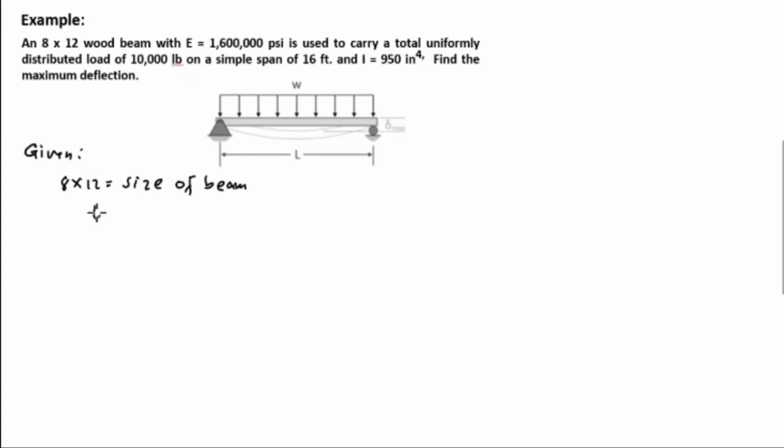Then E, or modulus of elasticity, is 1,600,000 psi, and a uniformly distributed load total, big W, is 10,000 pounds, and a span or length L, which is 16 feet, with I equal to 950 inch exponent 4.